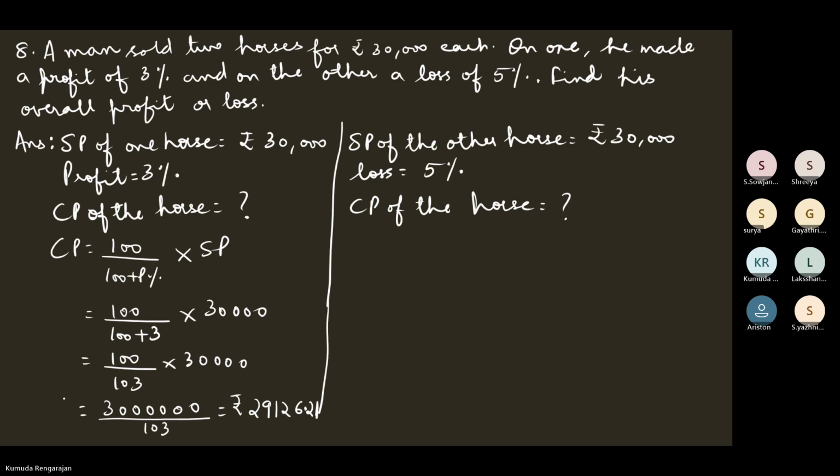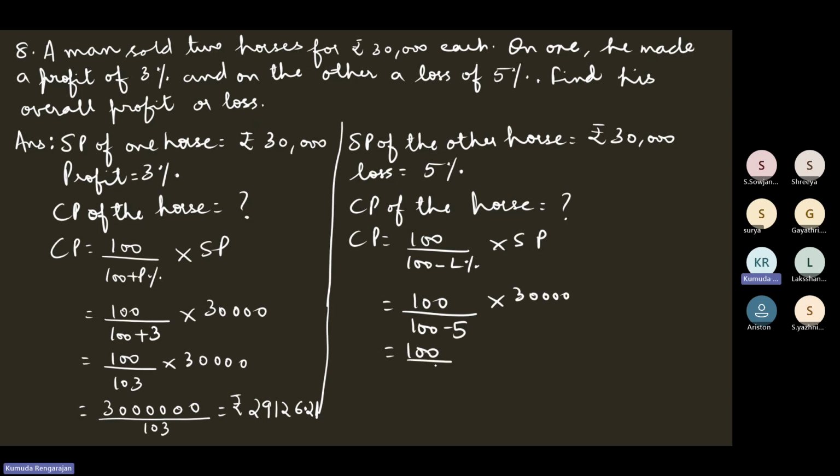Okay, ma'am. Yeah, this decimal value is right, Saujanya, 29,126.21. And in this case, CP is equal to 100 by 100 plus profit percent into SP. Okay, this is a loss, I'm sorry. 100 by 100 minus loss, so 100 by 100 minus 5 into 30,000.